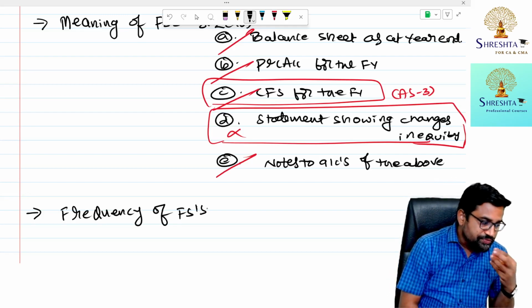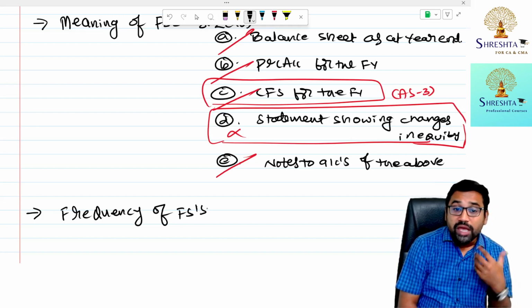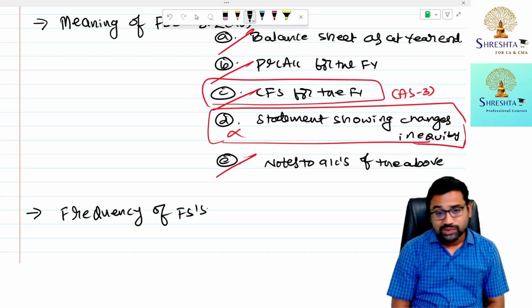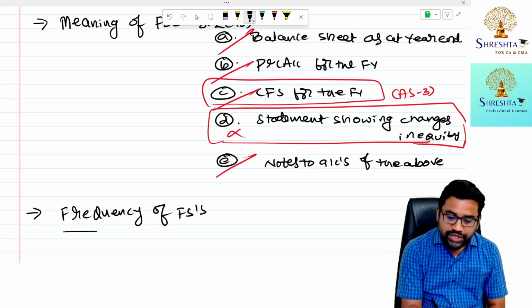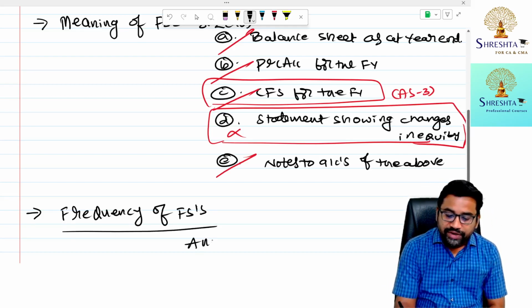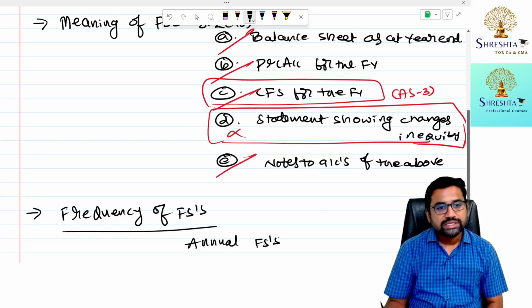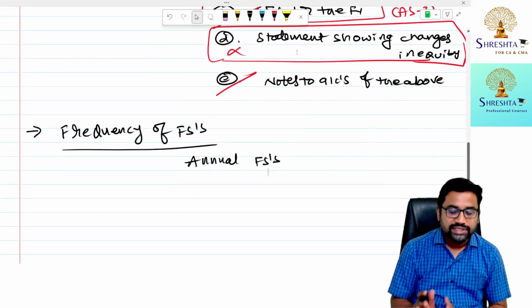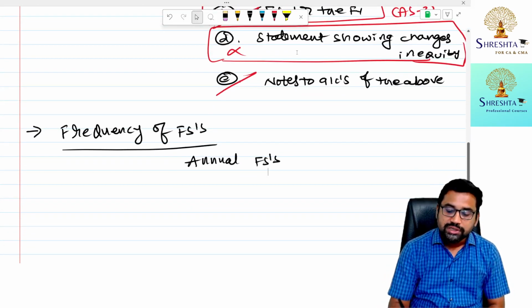Of course, if you are a listed company, you may be required to prepare financial statements on a quarterly basis also. Annual financial statements means once in a year.